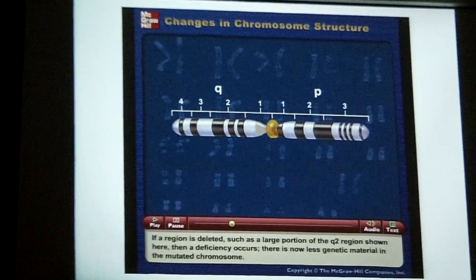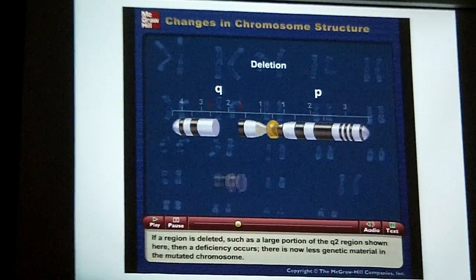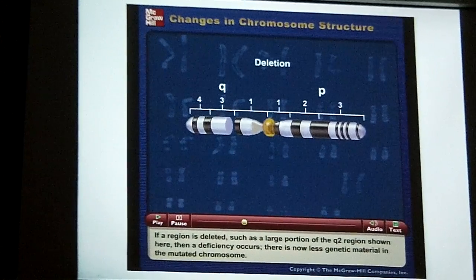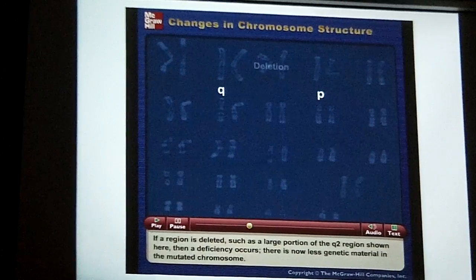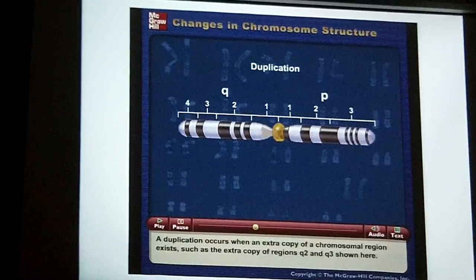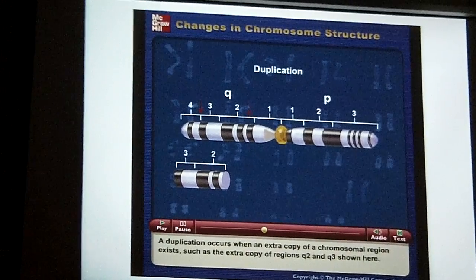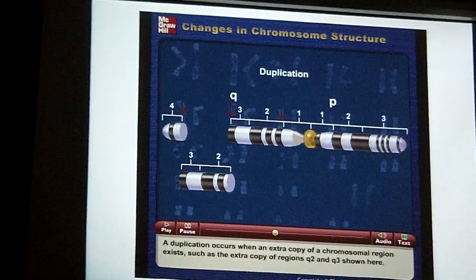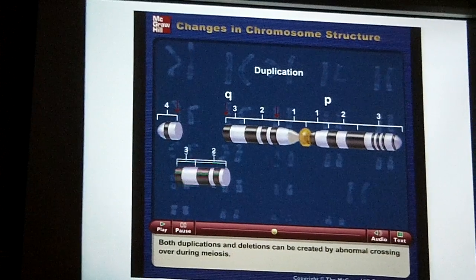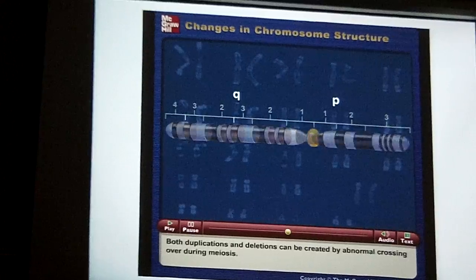If a region is deleted, such as a large portion of the Q2 region shown here, then a deficiency occurs. There is now less genetic material in the mutated chromosome. A duplication occurs when an extra copy of a chromosomal region exists, such as the extra copy of regions Q2 and Q3 shown here. Both duplications and deletions can be created by abnormal crossing over during meiosis.